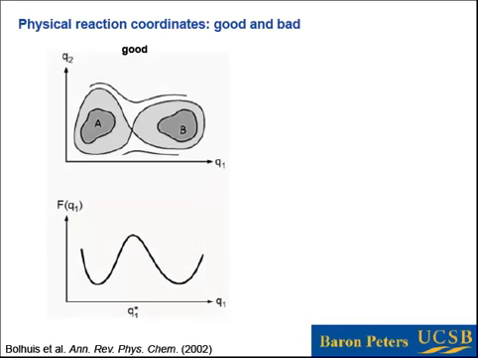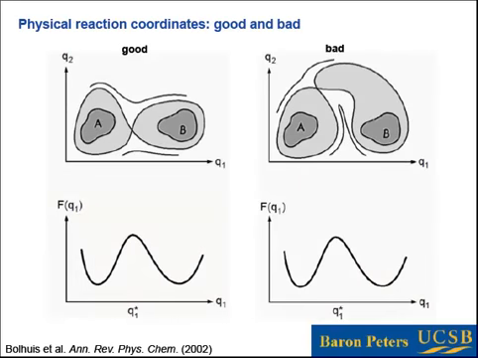So we can concoct little examples that show what the situation is for reaction coordinates that are good and reaction coordinates that are bad. So you have here a diagram depicting a multidimensional energy landscape. Here multidimensional is just 2, and we have coordinates Q1 and Q2, reactant basin and product basin, and in the space between you see that it looks like Q1 is the degree of freedom that's changing, and so we might project everything onto Q1.